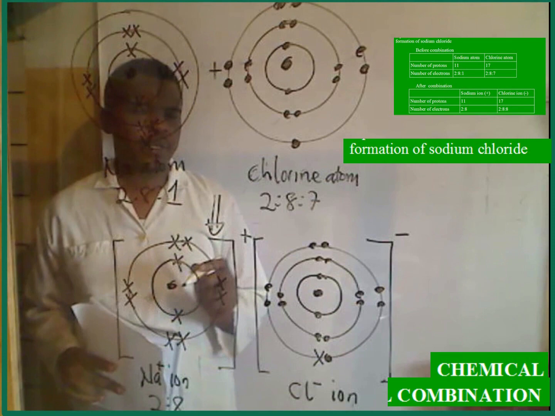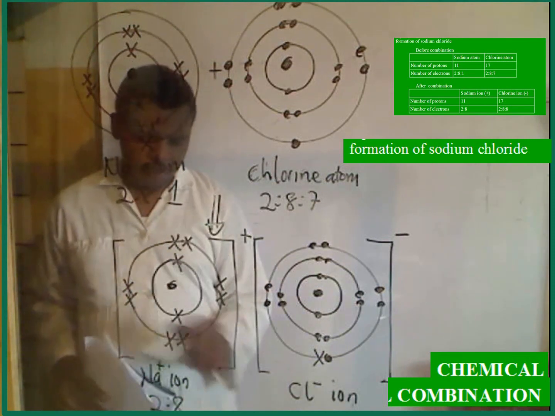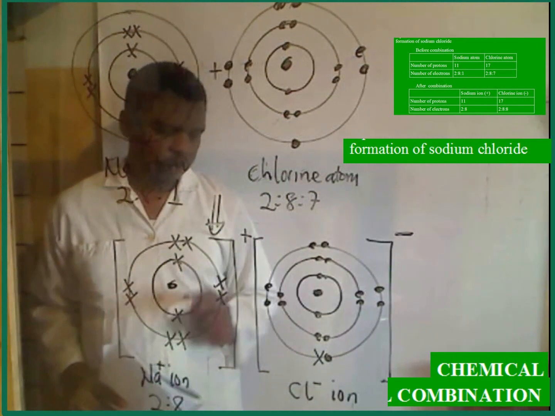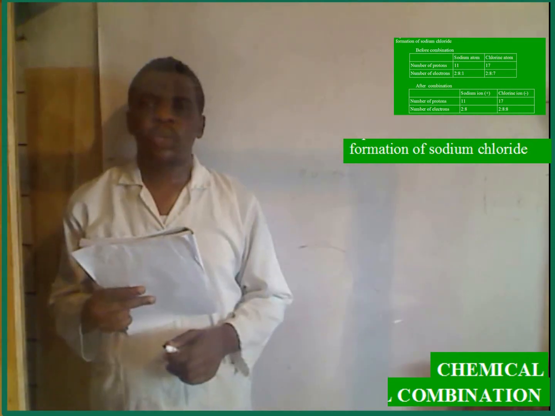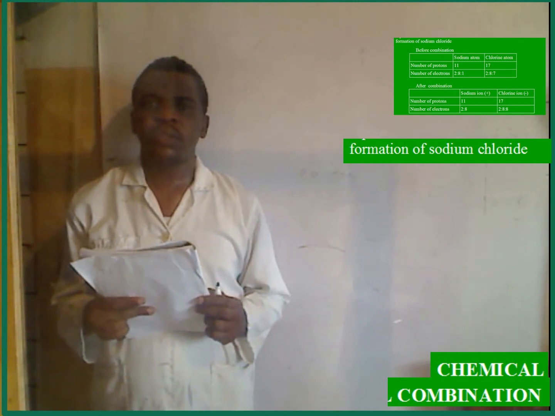Sodium chloride is an ionic compound. Here we can see the force of attraction between the positively charged ion and the negatively charged ion, which is the chloride ion. We can decide to show the combination using only the outermost shells.